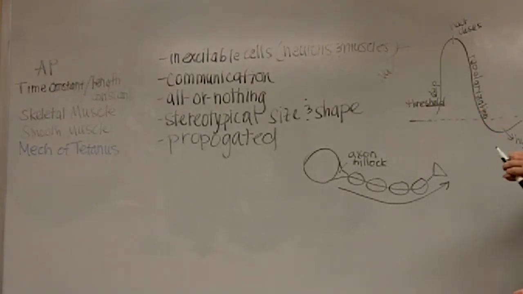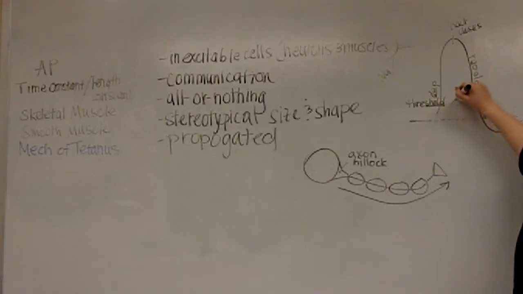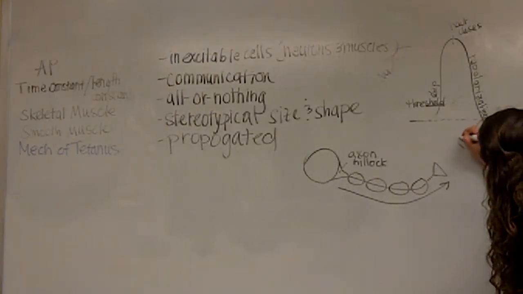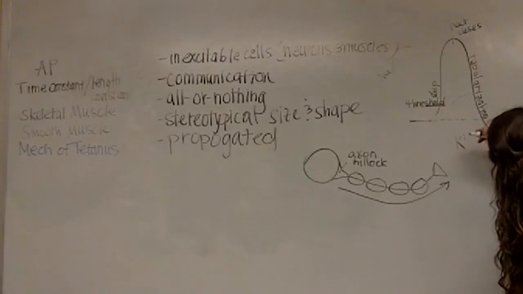So the thing about your potassium gates is they're also open during this, but they open slower than the sodium gates. The sodium gates are fast. So they start opening at the same time, but it takes a longer time for the potassium gates to get fully open. This part down here that you see is caused because the potassium gates are still open.